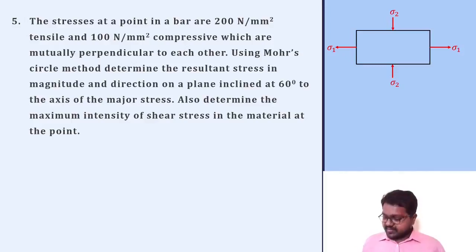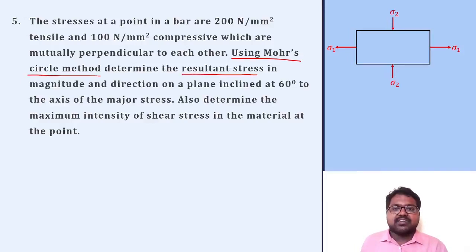Now, what they are asking: using Mohr's circle method, determine the resultant stress. So we need to find the value of the resultant stress, sigma r, in magnitude and direction on a plane inclined at 60 degrees to the axis of the major stress.